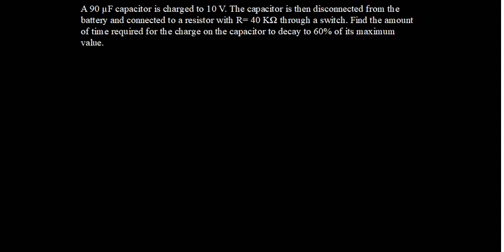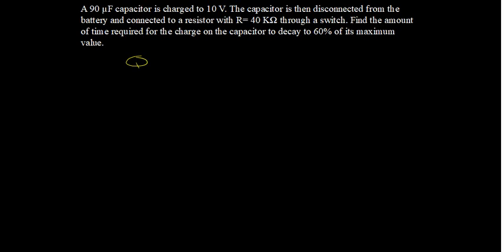So to calculate this, we say, all right, the charge as a function of time is Q max times exponential of minus t over RC. Now we don't have the value of RC, the time constant, which is easy to calculate.